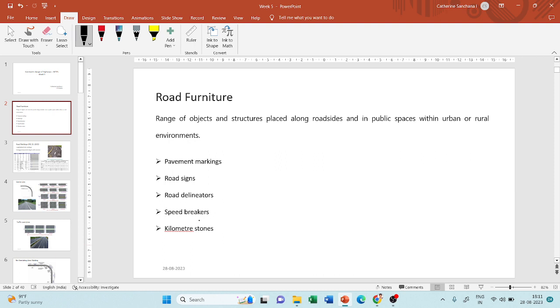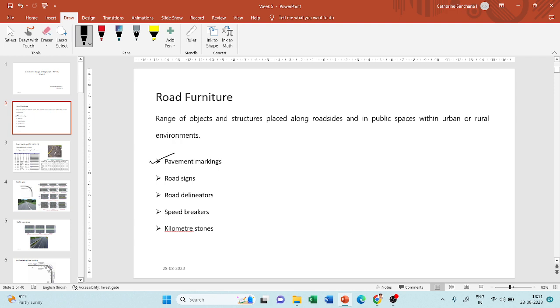But what is important in this geometric design of highways course are these main five elements. First is the pavement markings, which is the road markings.